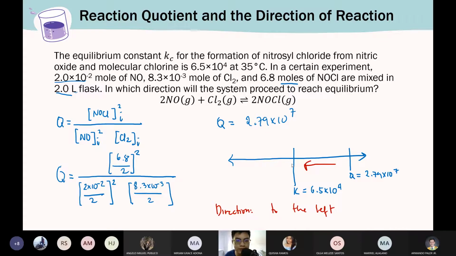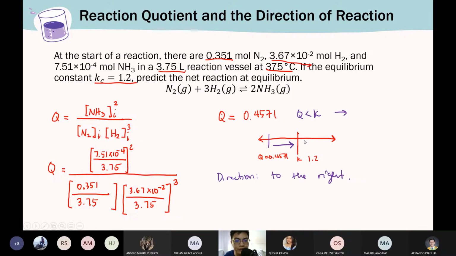It's the same in the problem earlier. This is 0.4571, which is less than K, so the reaction goes to the right. Meaning, the reactants, 3.51 divided by 3.75 and 3.67 times 10 to the negative 2 divided by 3.75, those concentrations need to be converted to product.